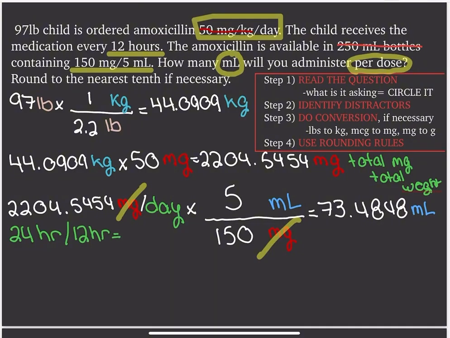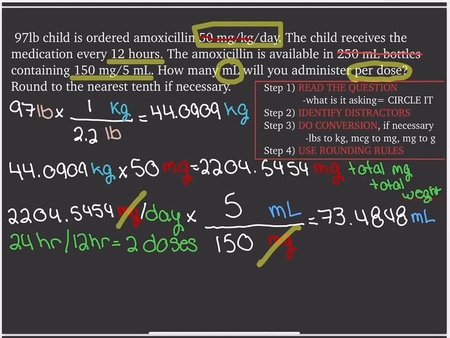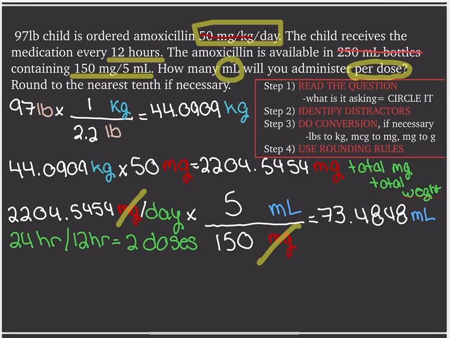The child's receiving the medication every 12 hours. So to get the amount of doses, we need to do 24 hours divided by 12. So the child's receiving 2 doses. So now you take your total amount of mLs and you're going to divide that by the 2 doses.